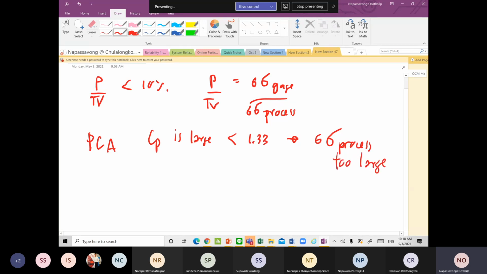So what do you need to do next? Maybe I'll ask Supicha. Supicha, if we do process capability and we found that sigma of the part is too large, what will you do?